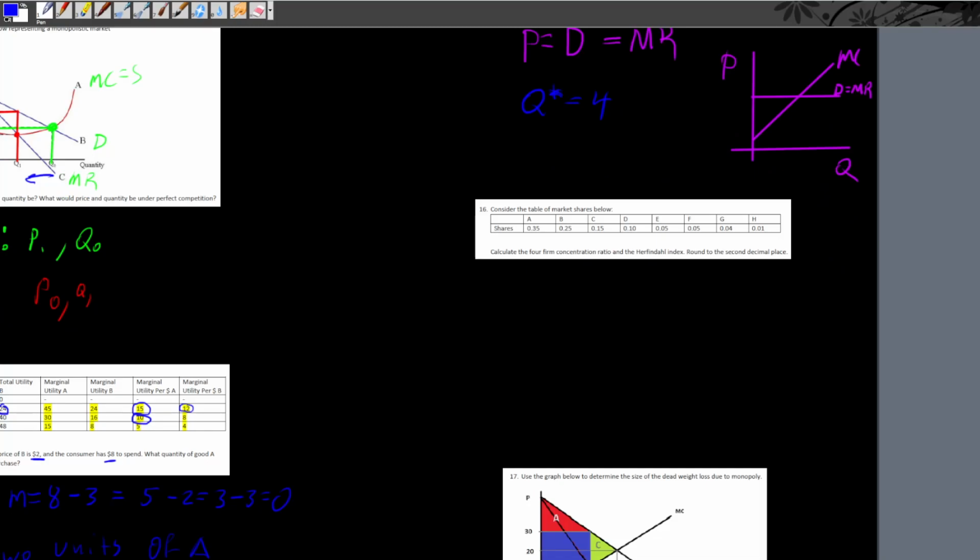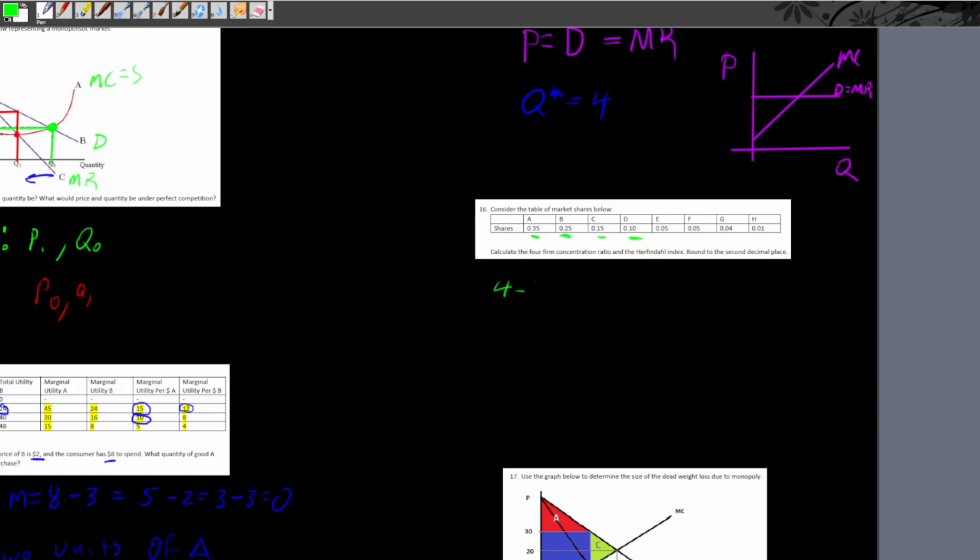All right, so the next one is about measuring market power. I've got a market here with a number of firms with different market shares, and I want to figure out the 4-firm concentration ratio and the Herfindahl index. The 4-firm concentration ratio is just the sum of the 4 largest shares. They happen to be in order in this table, but they may not be on the exam. We can see the 4 largest are firm A with 35, firm B with 25, and so on.